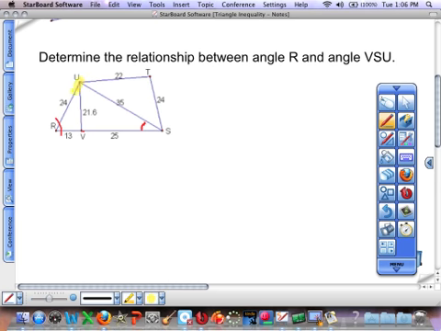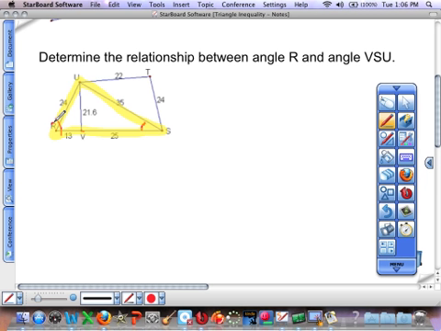So RUS. We're looking inside our yellow triangle. And all I'm asking you to do here is to compare the relative size of angle R and the size of VSU. So, are they equal? Which one's greater? Which one's less? Because when we're looking up here, we have angle R. What side is opposite of angle R? 35.